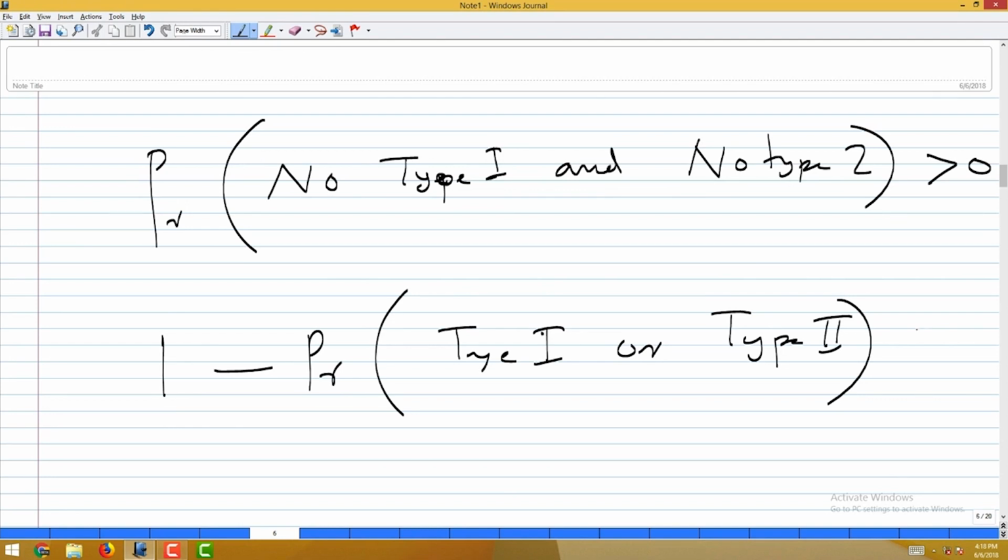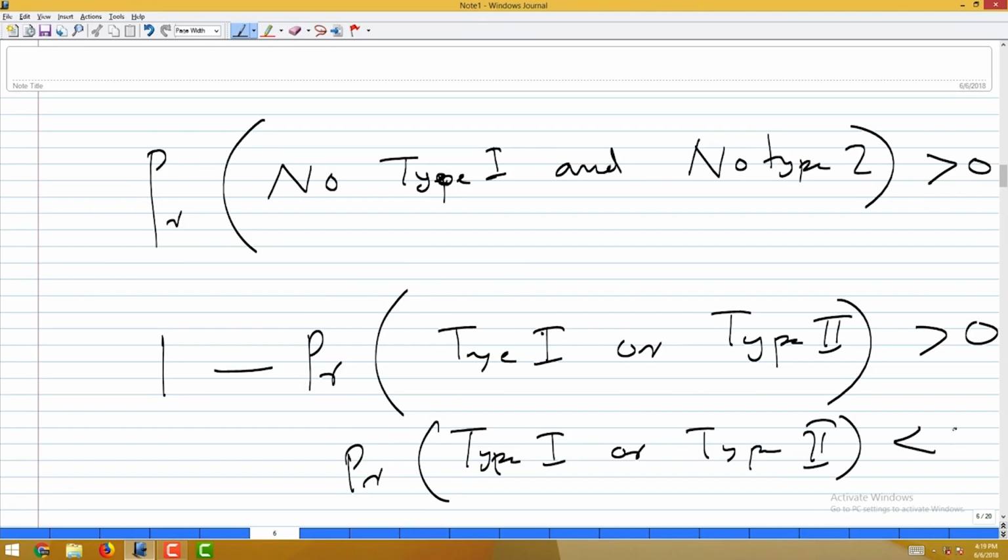So we want this to be greater than 0, that means the probability of type 1 or type 2 should be less than 1, sorry, this is what we want.